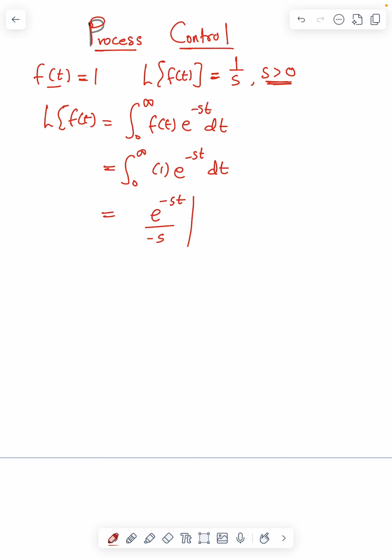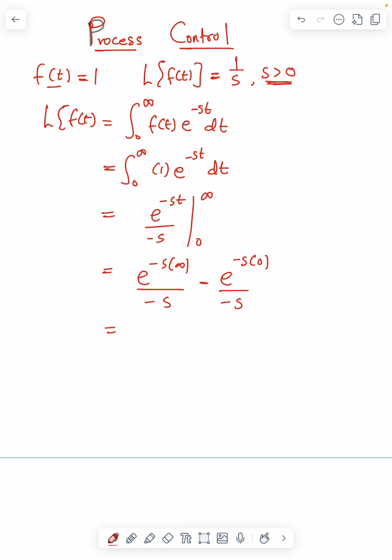You're integrating from 0 to infinity, so you put in the infinity: e to the negative s times infinity over negative s, minus e to the negative s times 0 over negative s.